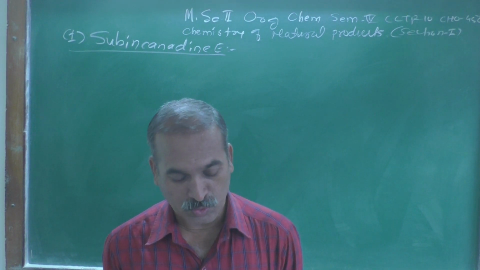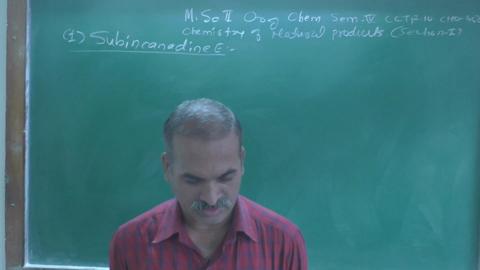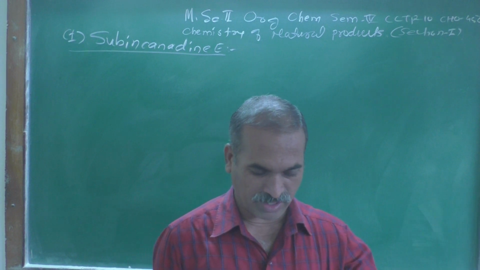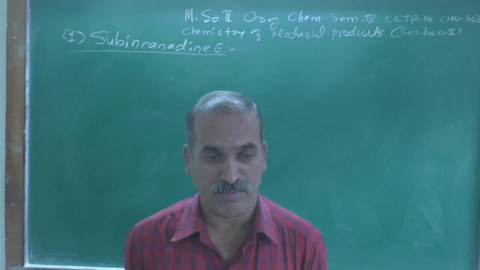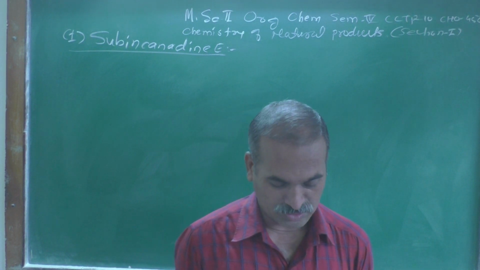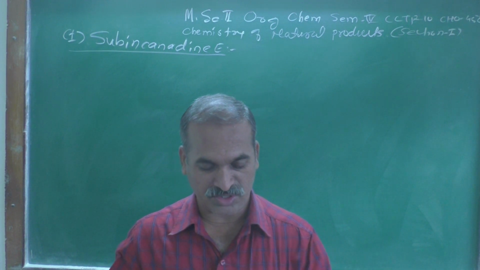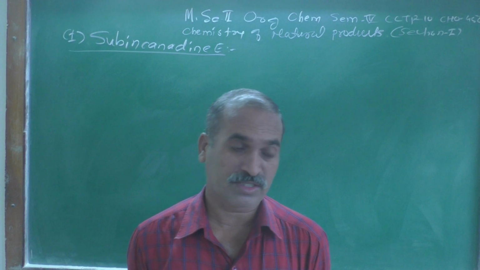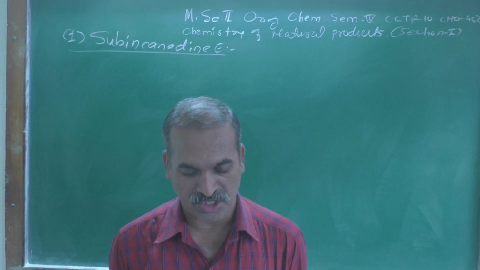So these 2 scientists are Indian researchers, Division of Organic Chemistry, National Chemical Laboratory, you know that. National Chemical Laboratory is in Pune. It is the National Chemical Laboratory, CSIR. CSIR means what? Council of Scientific Industrial Research.